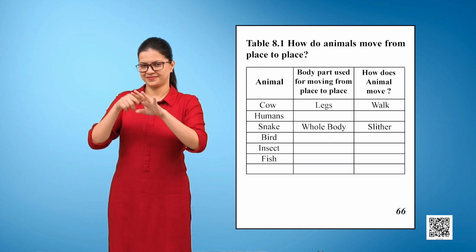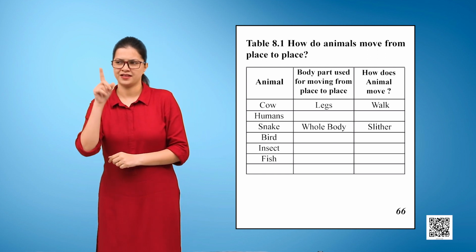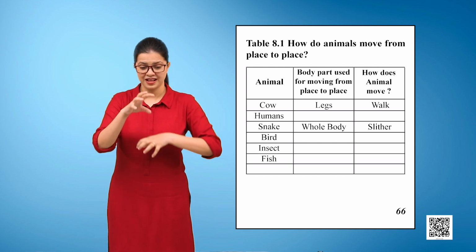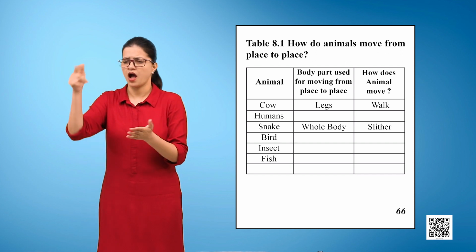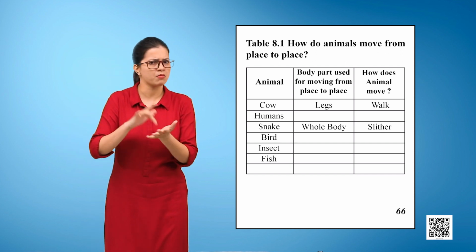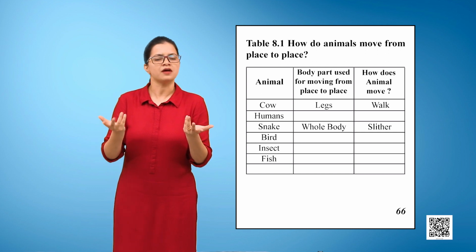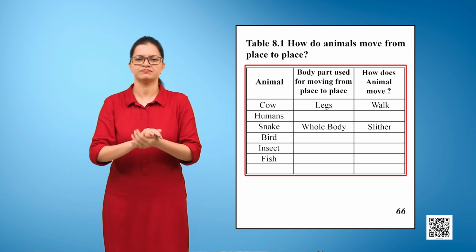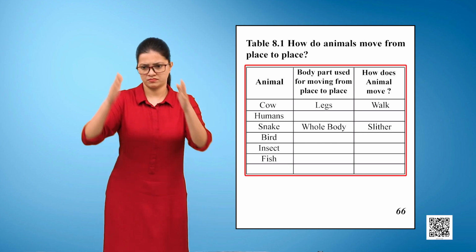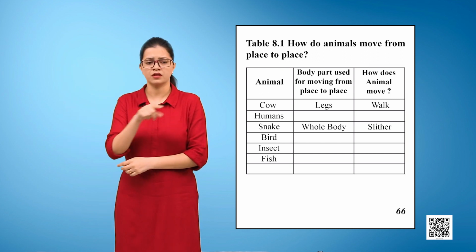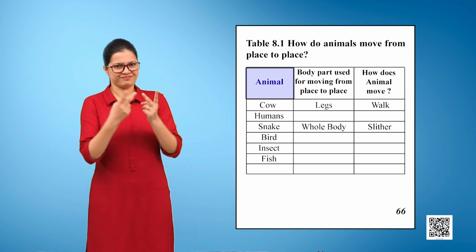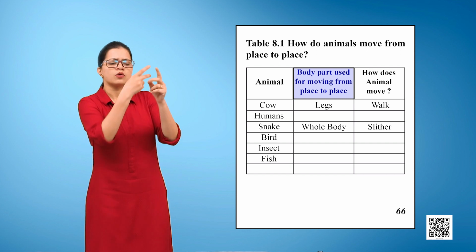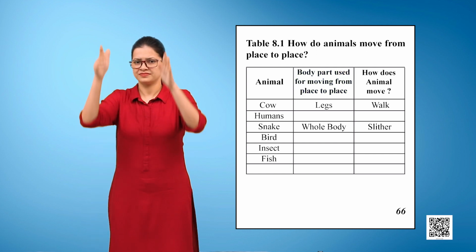Table 8.1. How do animals move from place to place? There are 3 columns. Animal. Body part used for moving from place to place.